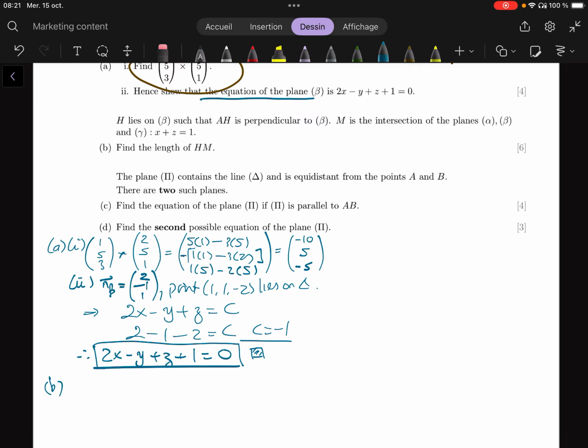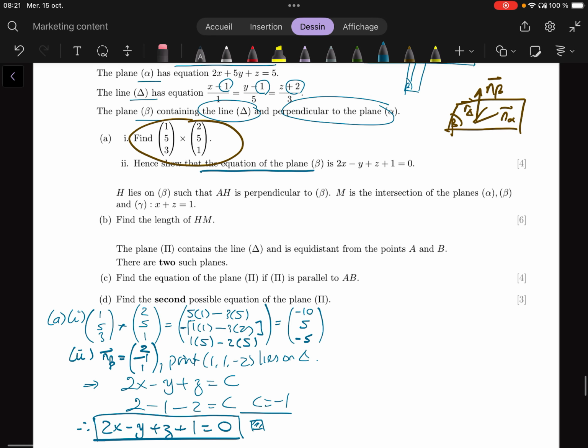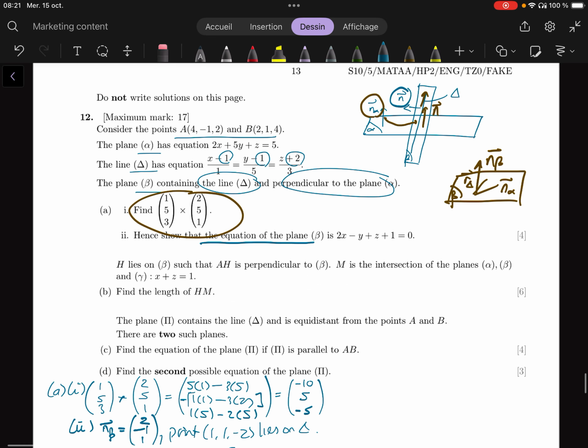Part C. H lies on beta such that AH is perpendicular to beta. M is the intersection of the planes alpha, beta, and gamma. So we already know that alpha is perpendicular to beta, and they will intersect in a line.